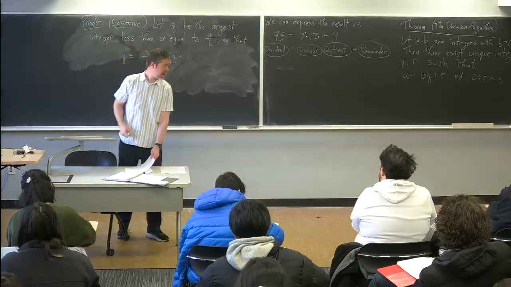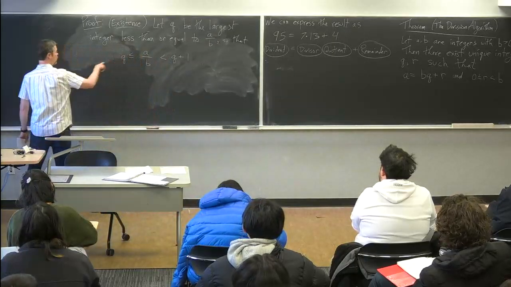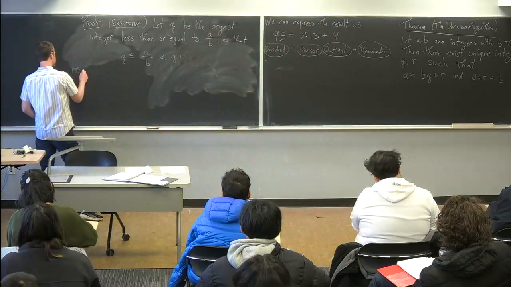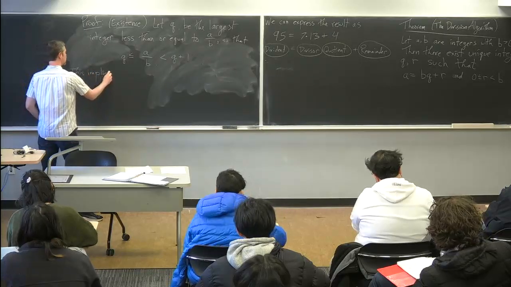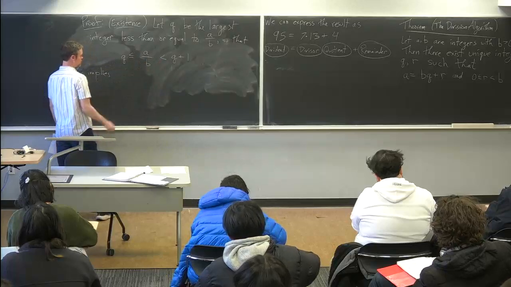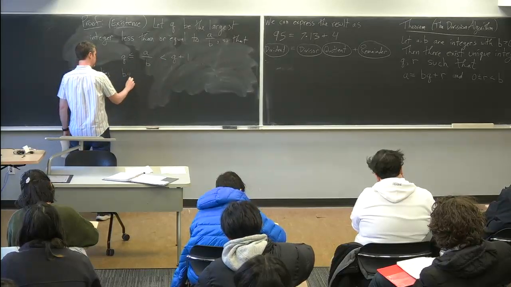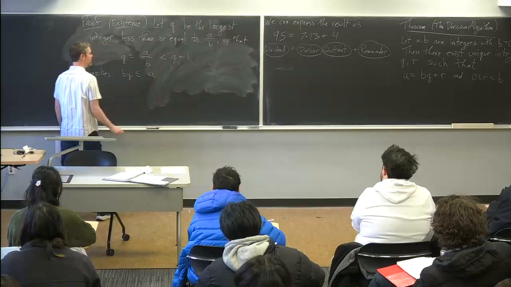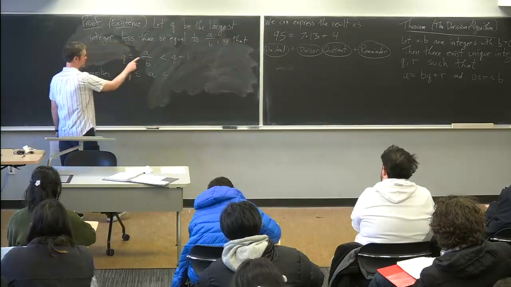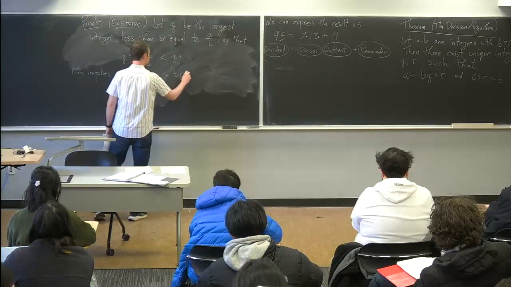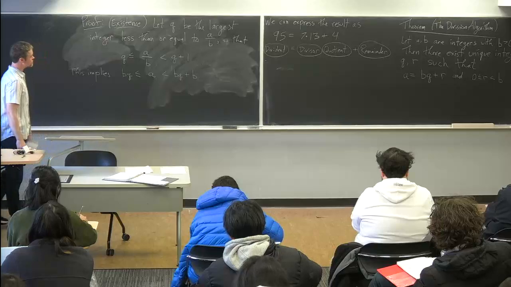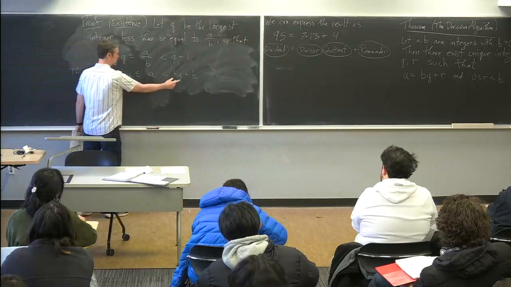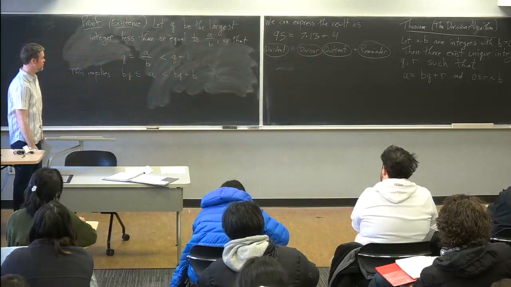Now, if you were to manipulate this and multiply everything in sight by B, which is positive, by the way, then B times Q is less than or equal to this thing times B, which is A, which is less than this thing times B, which is BQ plus B. And then what I want to do to that is take away this common B times Q from every expression.